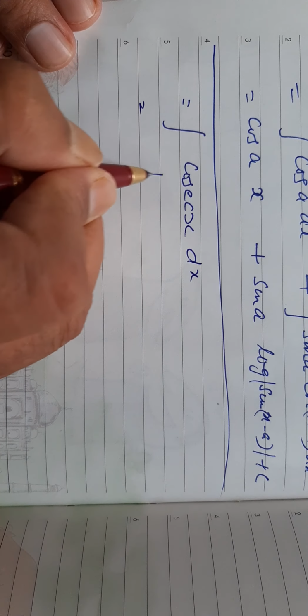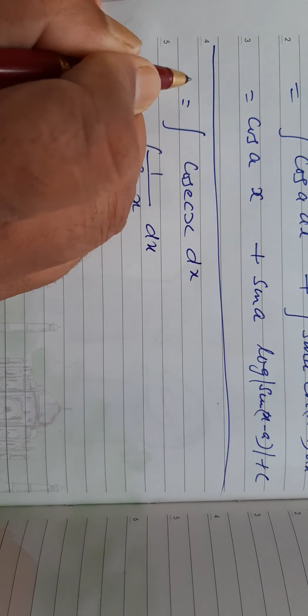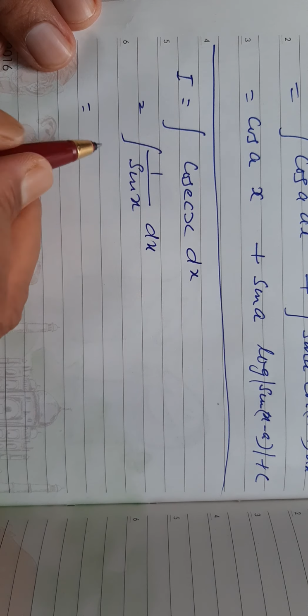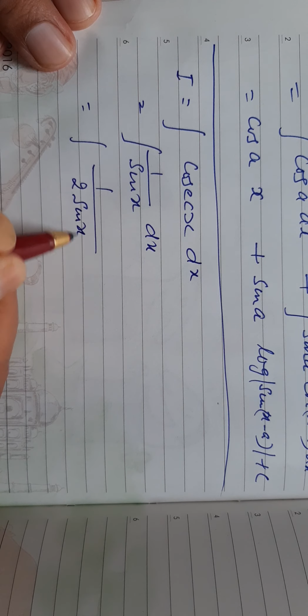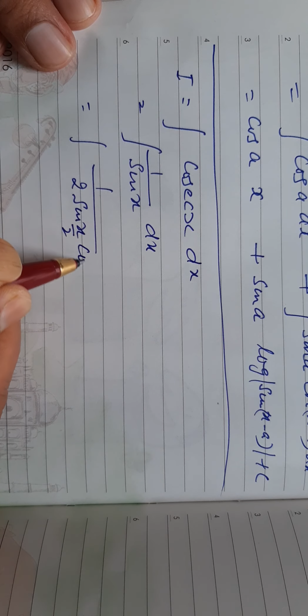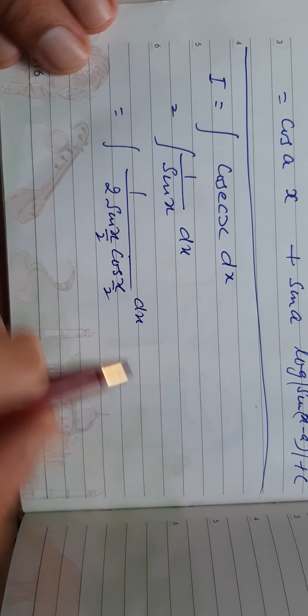And one more very important question is cosecant x dx. The cosecant x can be written as 1 upon sin x dx, and sin x can be written as 2 sin x by 2 cos x by 2. This is the value of sin x.